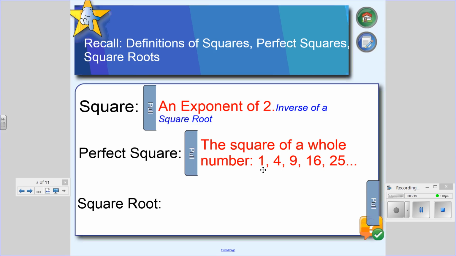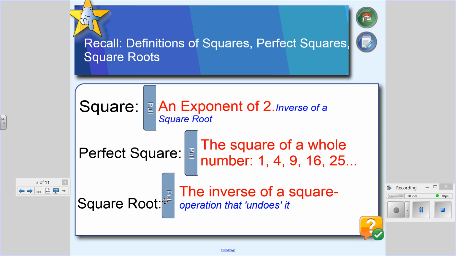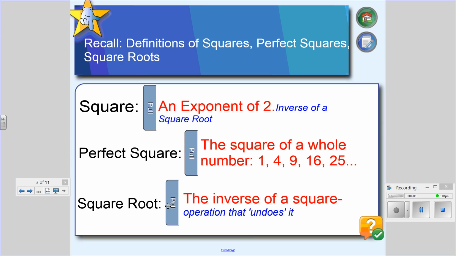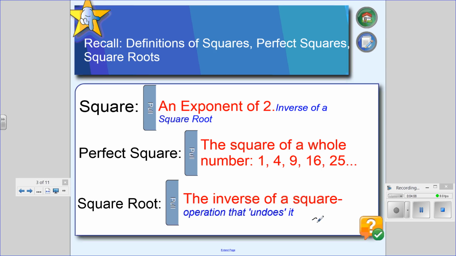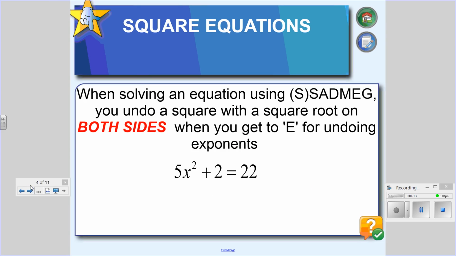Perfect squares are 1, 4, 9, 16, 25, 36, 49, etc. As you know, all of the numbers in between these are non-perfect squares. If you square root them, you're going to come up with a decimal. We will have to deal with non-perfect squares from time to time. And a square root is simply the inverse of a square, the operation that undoes it. And if you want to draw the little square root symbol in there, that would be appropriate to do. Square root symbol, the checky rooty thingy guy, right?